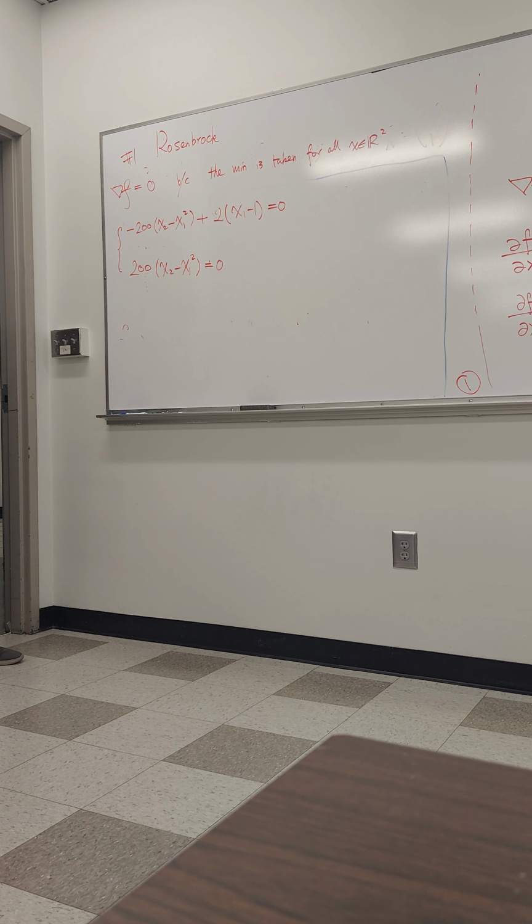Then this implies its inner product with d1 is greater than or equal to 0. But by this inequality, if we negate d1, if we multiply by minus d1, this has to be less than or equal to 0. However, minus d1 is a feasible direction as well.